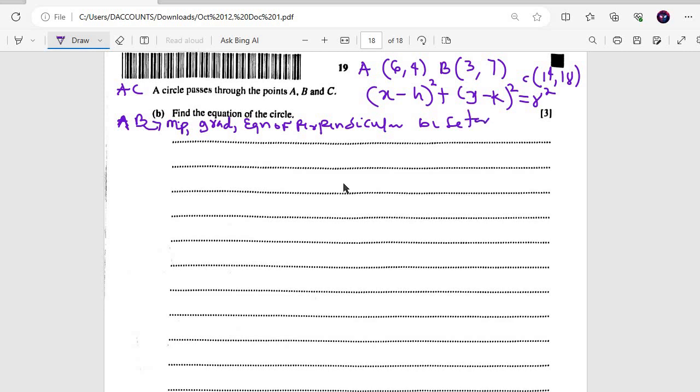This is how you're going to do it. So for both AB and AC, you need to get this.